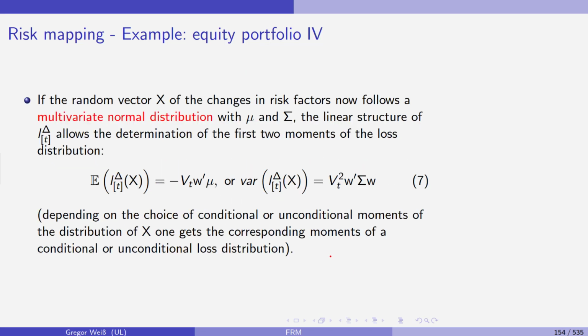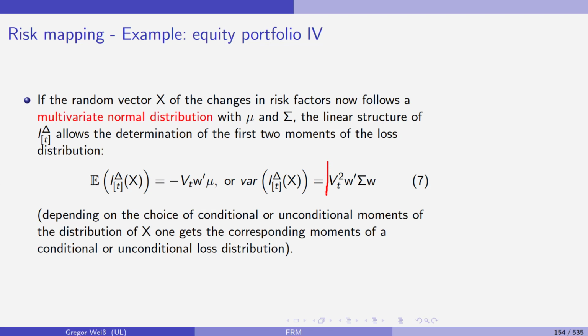And we can now assume for the risk factors a very simple distributional structure, a multivariate normal distribution with mu and sigma being the vector of expected values, and the variance covariance matrix.